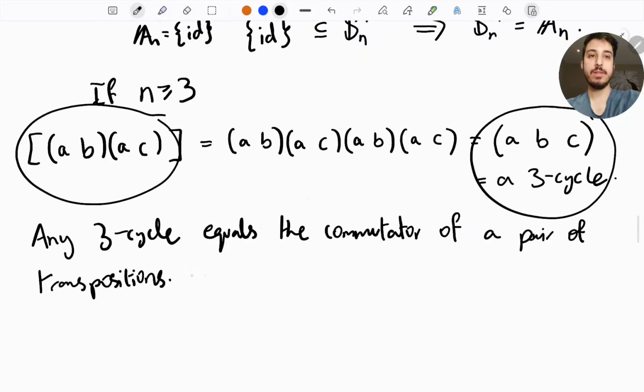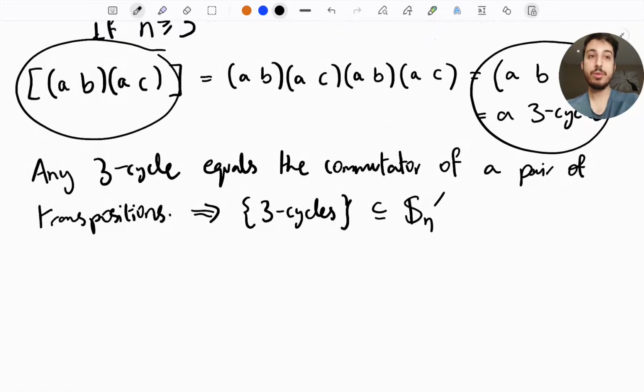This means that, mathematically speaking, the set containing the 3-cycles is contained inside the commutator subgroup of Sn. The benefit in proving this is that if we take the subgroup generated by the 3-cycles, we can also say it is contained in Sn prime.